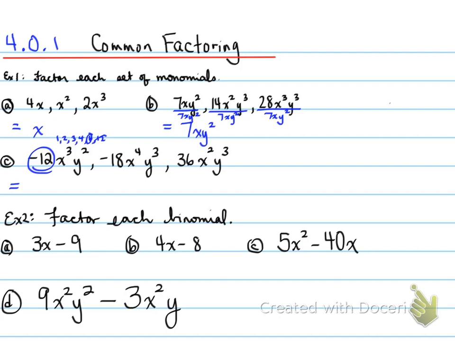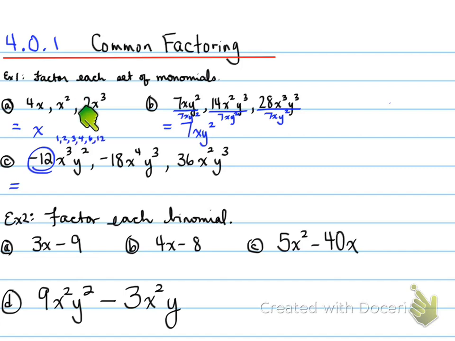So recap again, we're just going to go backwards for a second so that we can see this again. When you have fairly large numbers like this, what you want to do is find the smallest number and find all the factors of that number. That is, for negative 12, we're going to look at 1, 2, 3, 4, 6, and 12.